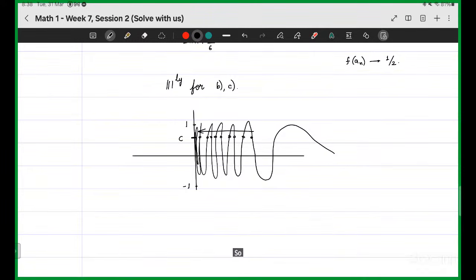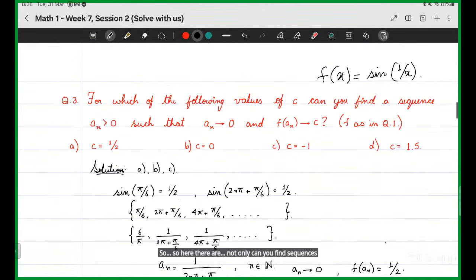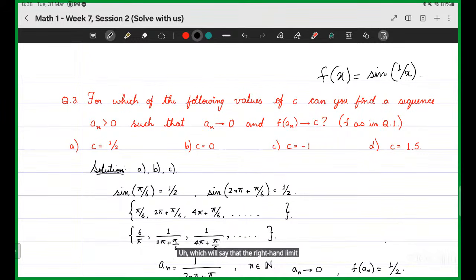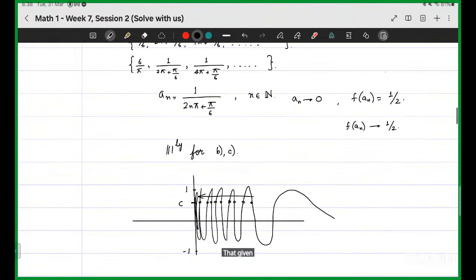So not only can you find sequences going to two different values, which would say that the right hand limit does not exist, we actually have infinite possibilities. Given any number between -1 and 1, I can construct a sequence which is positive going to 0 such that the corresponding function values converge to that given value of C.